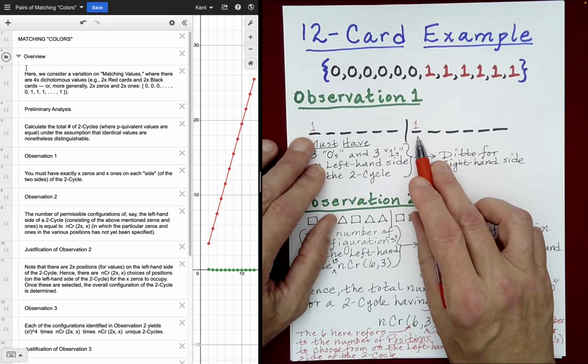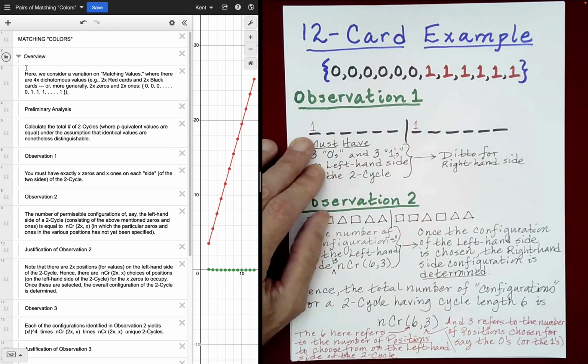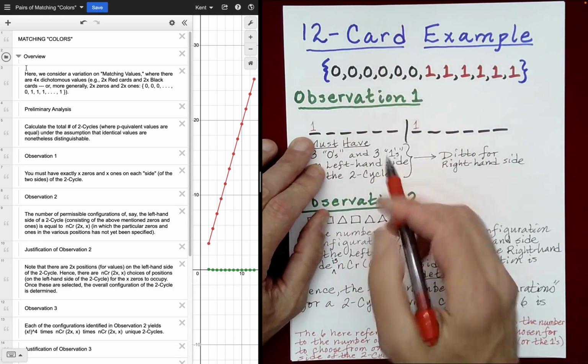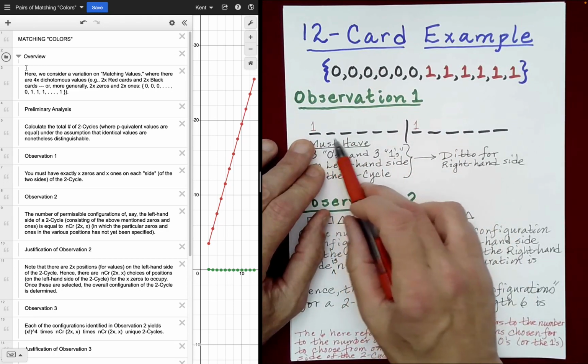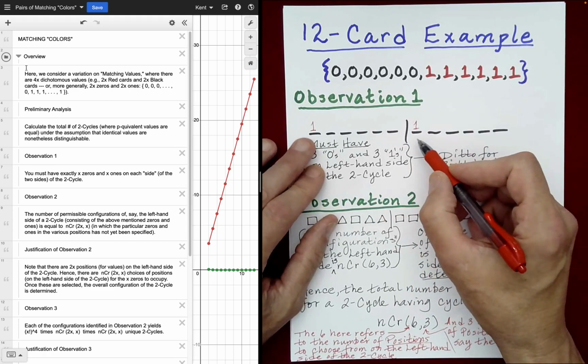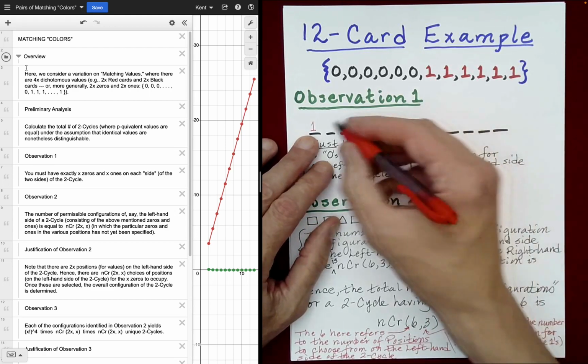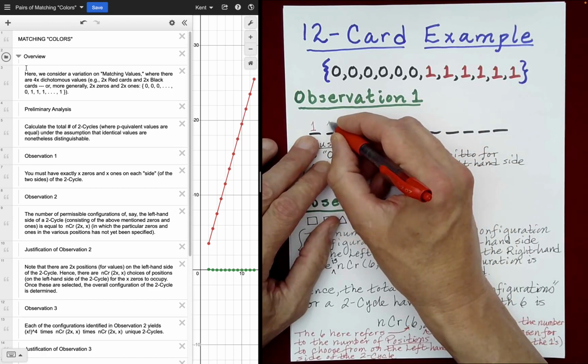So remember, this is a 2-cycle. I've drawn a line to denote the center of the 2-cycle. And so it's a 2-cycle with cycle length 6, because each half has 6 elements in it, okay? So let's say I put a 1 here. That means a 1 has to go there. I could actually put another 1 right here.